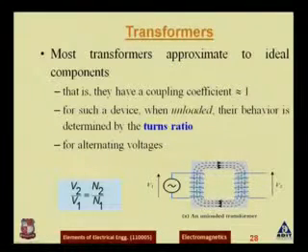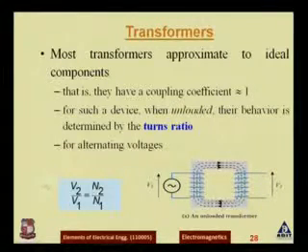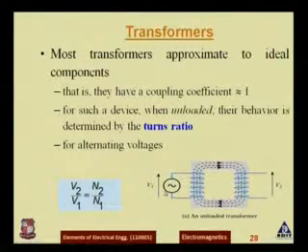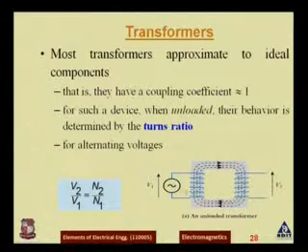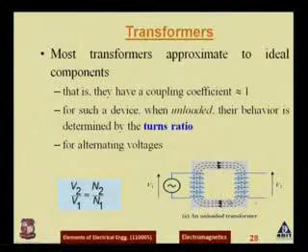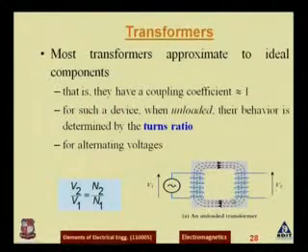For such a device, when unloaded, its behavior is determined by the turns ratio. That means for alternating voltage, if we connect two coils, N1 and N2, and connect N1 to a certain voltage V1, there will be a mutual inductance between the two coils. So this voltage will get transferred to the other coil, or you can say the voltage will get induced in the other coil.